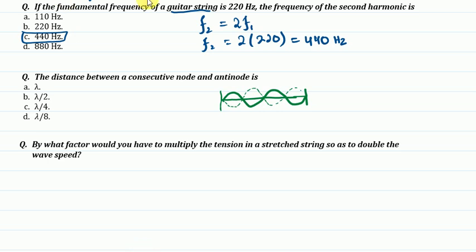This one is a node, this is an antinode, and this one is again a node. We need to find the distance between a consecutive node and antinode. All right, what would be the distance?